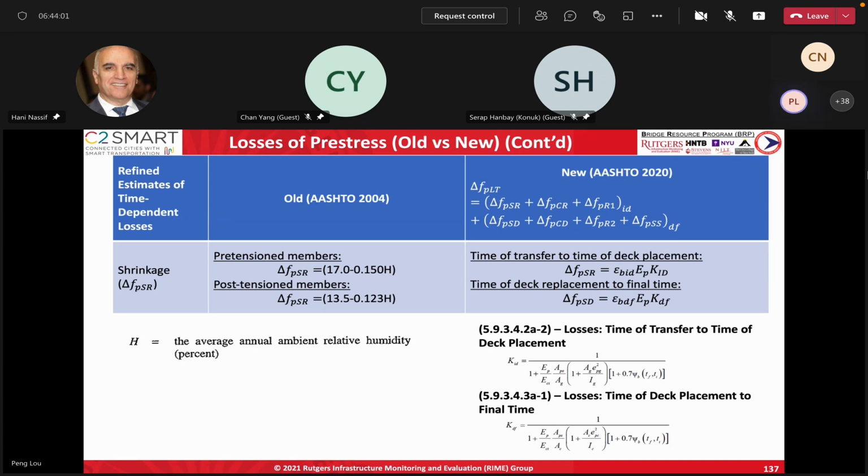So you have to consider losses from those two different time periods. I think this is the major change the new AASHTO has compared to the old code.